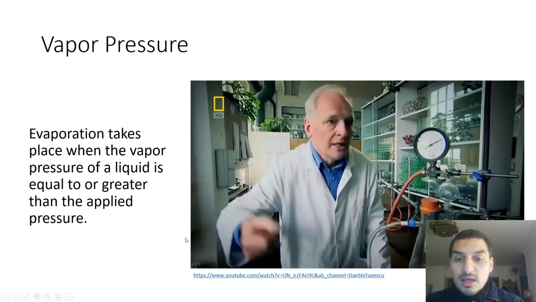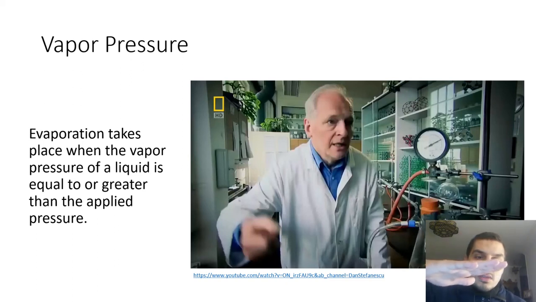The other way that you can achieve evaporation at lower temperature is by decreasing the outside pressure. Again, just to make it clear, think of this as two forces acting on each other. The water will evaporate when its force is more than the force exerted by the atmosphere. So either you increase the temperature of water while the atmospheric pressure is constant, increasing the vapor pressure until you reach the point when the vapor pressure equals the external pressure, so the evaporation will happen.